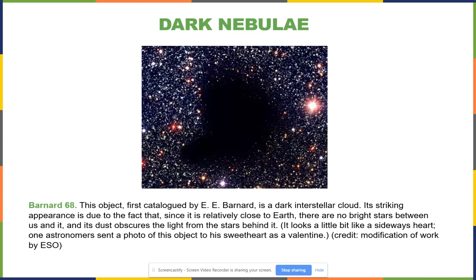The gas that makes up the interstellar medium, I talked about its density, about 1 atom per cubic centimeter. It's like 90% hydrogen gas and around 9% helium gas, and just very trace amounts of anything else.